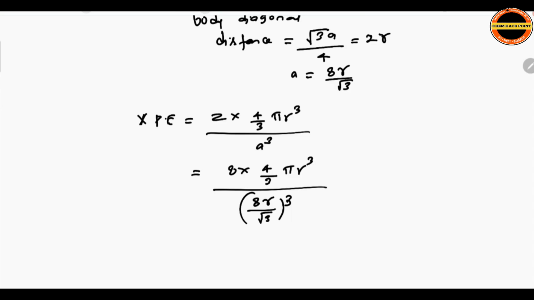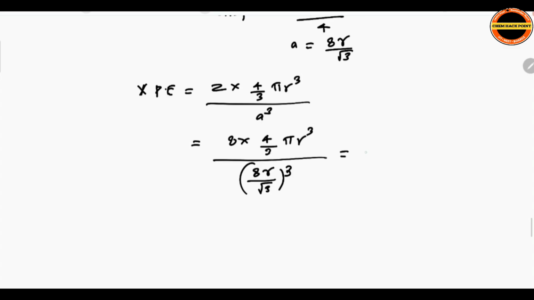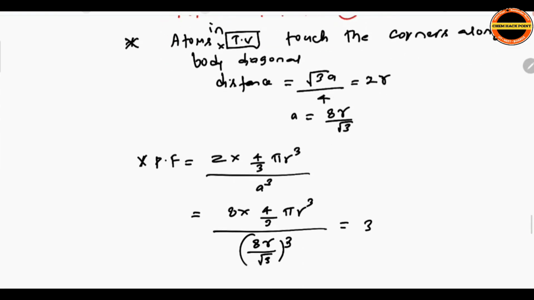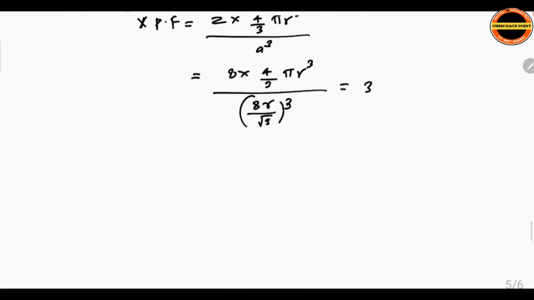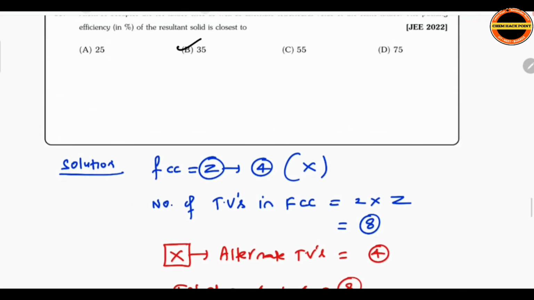If we solve it, the approximate answer is 35%. The packing fraction is 0.35, so packing efficiency out of 100 is 35%. So the answer is 35%.